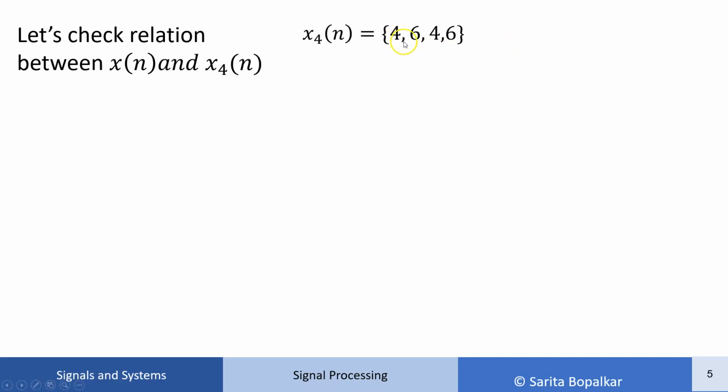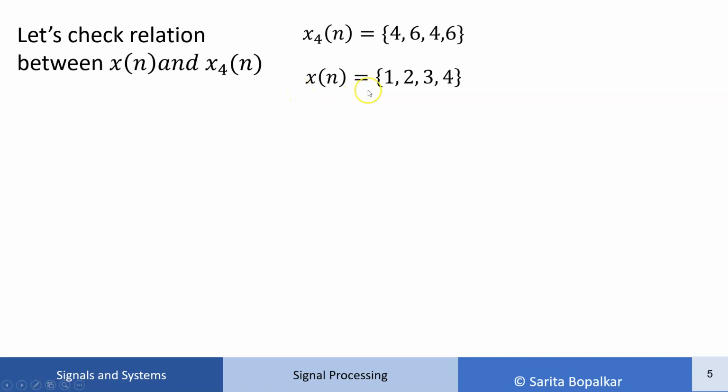What is X4 of n? It is 4, 6, 4, 6. This X4 of n DFT also we have to find by using the result of X of k, which we have calculated by the matrix method. So here also we need to check the relation between X of n and X4 of n.